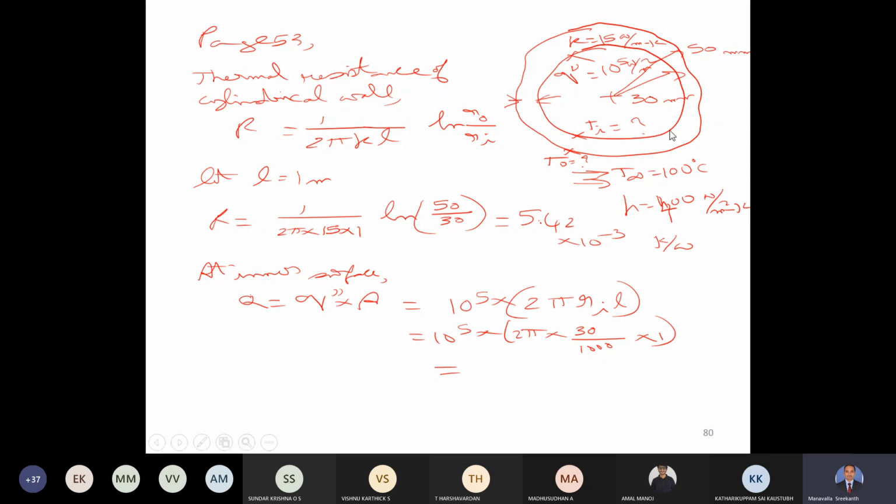So when you cut open this cylinder and spread it out, the inner surface will look like a rectangle where the length is L and width is 2 pi r I. That's why 2 pi r L has been taken.